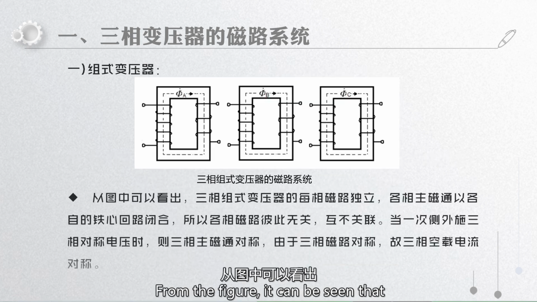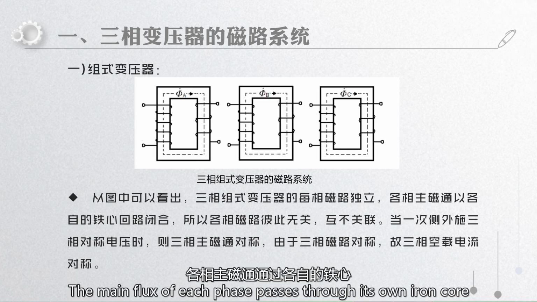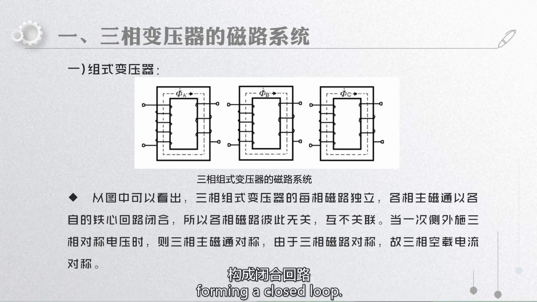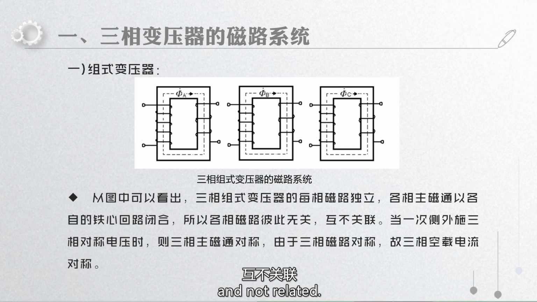From the figure, it can be seen that each phase magnetic circuit of the three-phase group transformer is independent. The main flux of each phase passes through its own iron core, forming a closed loop. Therefore, the magnetic circuits of each phase are independent of each other and not related.